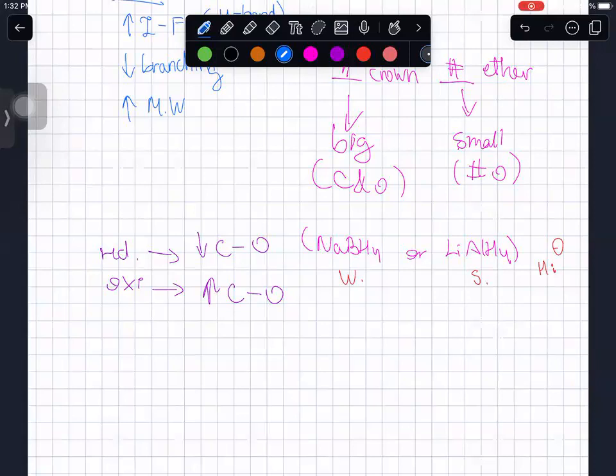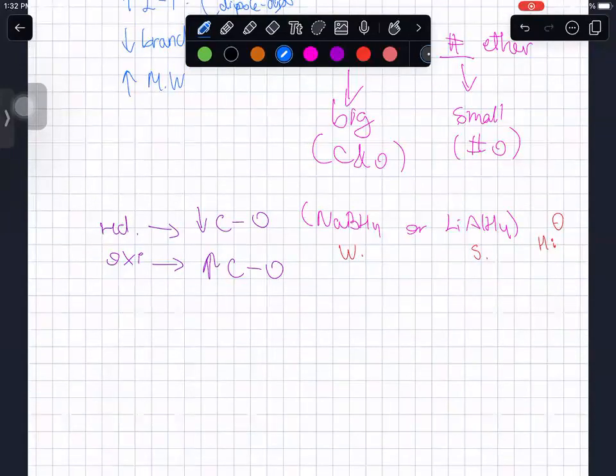So H minus is the nucleophile. What's going to be the electrophile for a reduction? The carbonyl, exactly. We have the dipole moment, delta positive is on the carbon, so that's my electrophile.